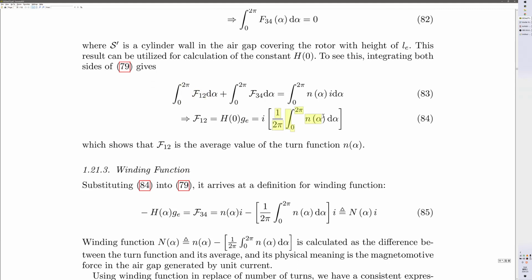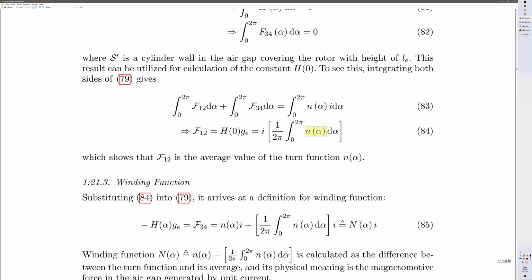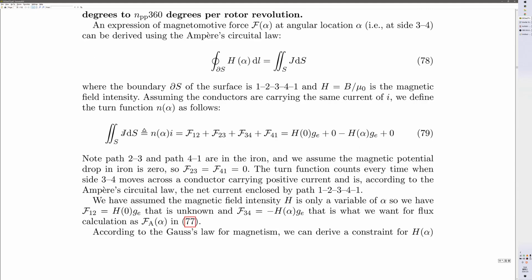And note that this is the average value of the turn function n alpha. So why we have turn number here? It's because this is the current, and so we are going to assume the current passing through the coil, they are all equal to I, they are the same.